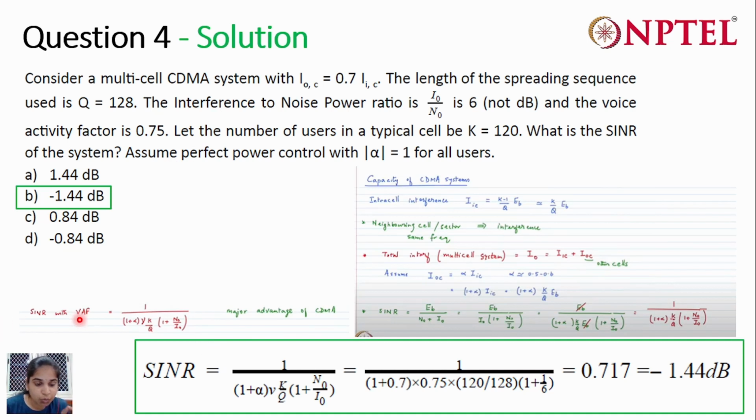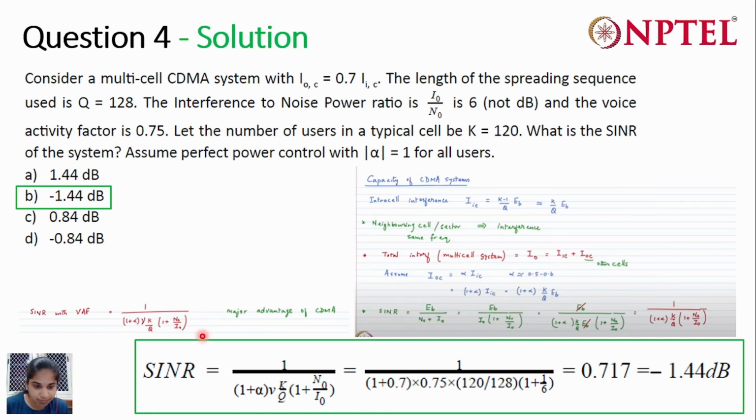So SNR with voice activity factor is given as 1 divided by 1 plus alpha into gamma into K by Q into 1 plus N naught by I naught. So if the voice activity factor is less, that is, if not all of them have maximum information to transfer, then we have a better SNR.